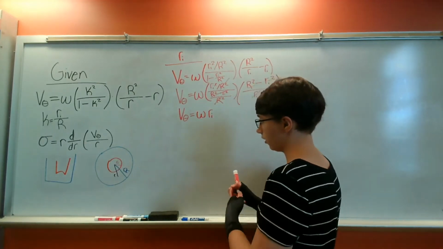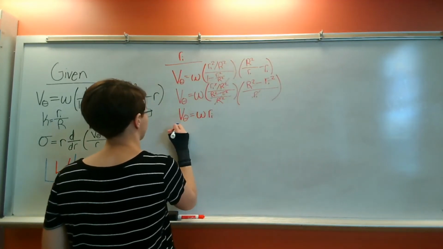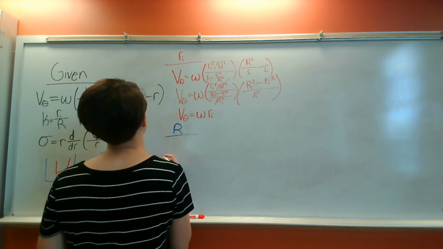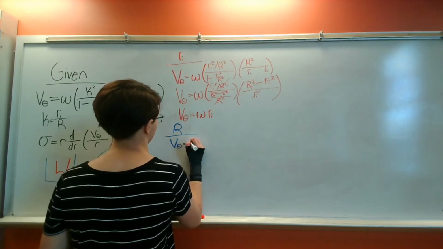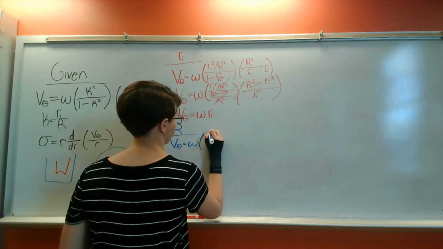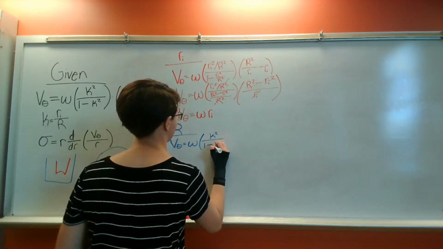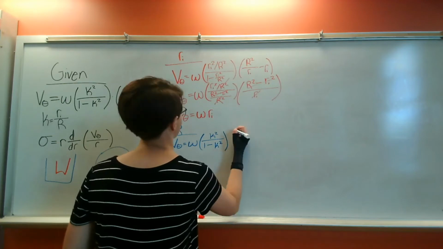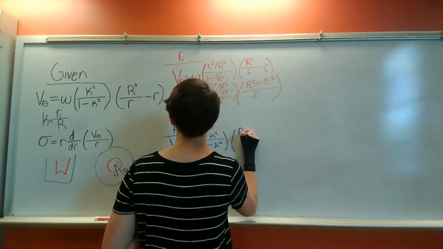So we can do the same thing with the outer cylinder, which has a radius of big R. So that would be velocity equal to omega. And I'm just going to leave k for this time. And then we replace all of the r's with the outer radius.